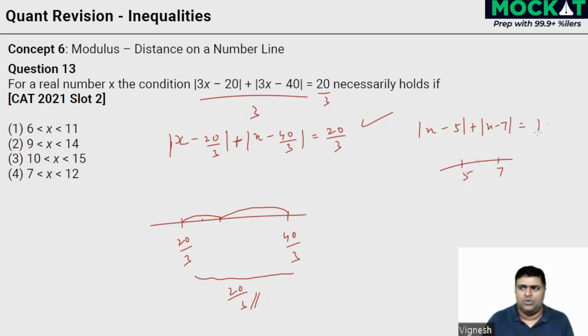Equals 1 never satisfies. Any point, minimum distance is 2. Minimum is 2. The moment you hit that 2, infinite points between 5 and 7. The moment I move to something like 4, I need 1 extra from each of them. Minimum is 2, so it's going to be 1 to the right and 1 to the left.